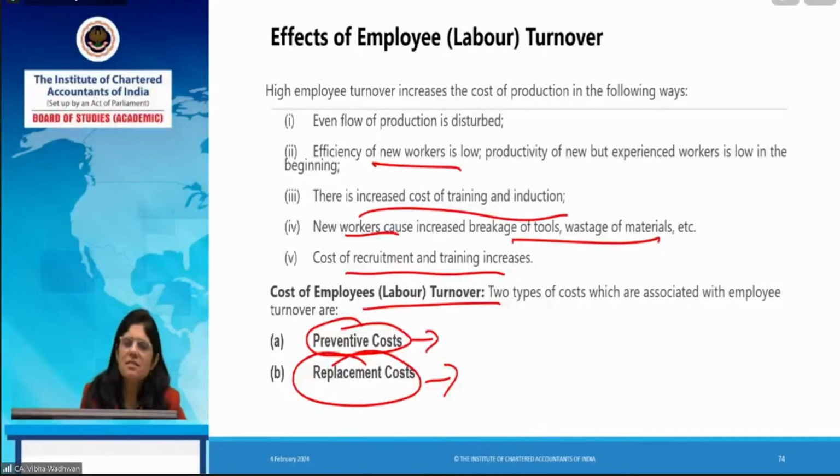So this is the replacement cost. These are the 2 types of major costs which are incurred due to employee turnover. All right. I hope you are able to understand how these turnover costs are absorbed. These turnover costs are part of overheads. They are the central organization cost. So these are the overheads cost.